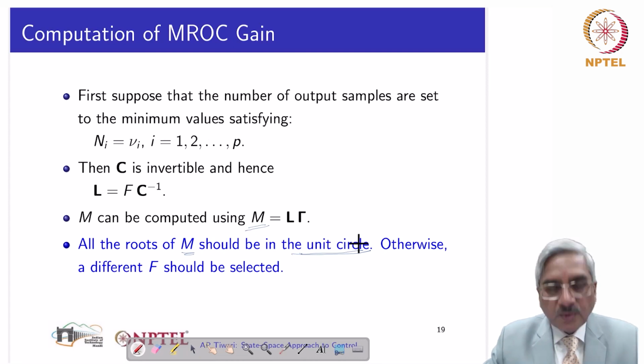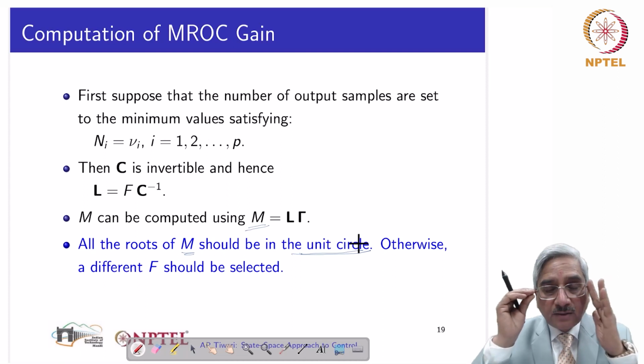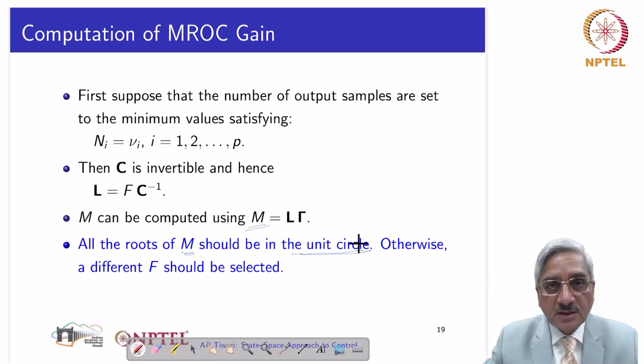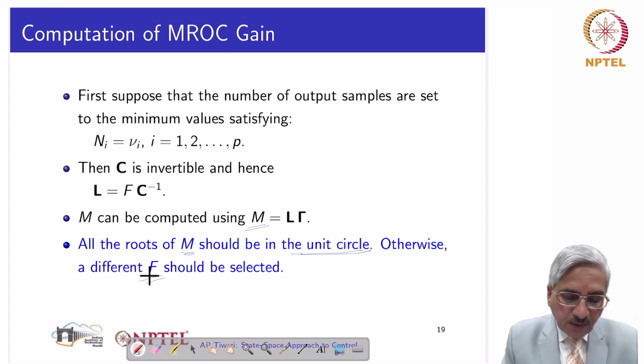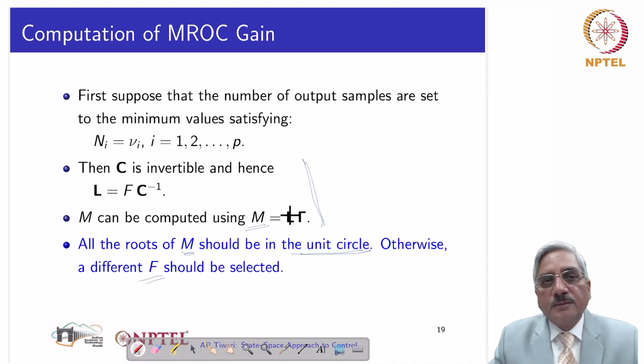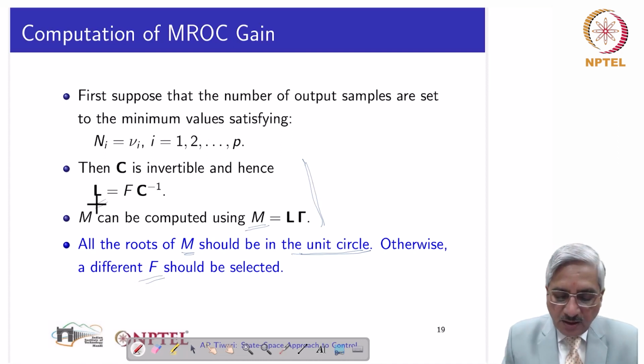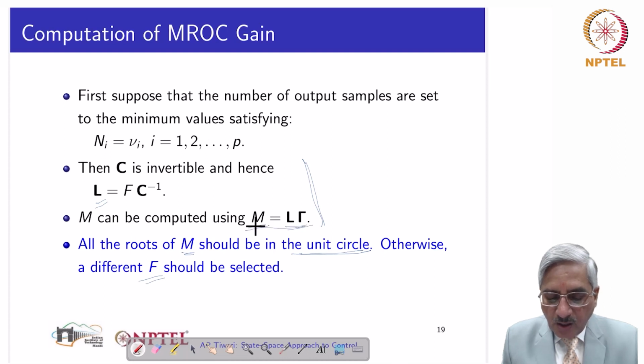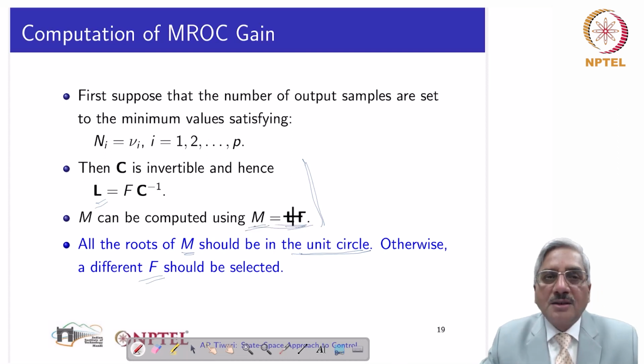If suppose M doesn't have its eigenvalues within the unit circle, then we have to choose a different F, and we have to redo the whole thing till both the conditions are satisfied, that L is obtained and this M obtained like this is a stable matrix.